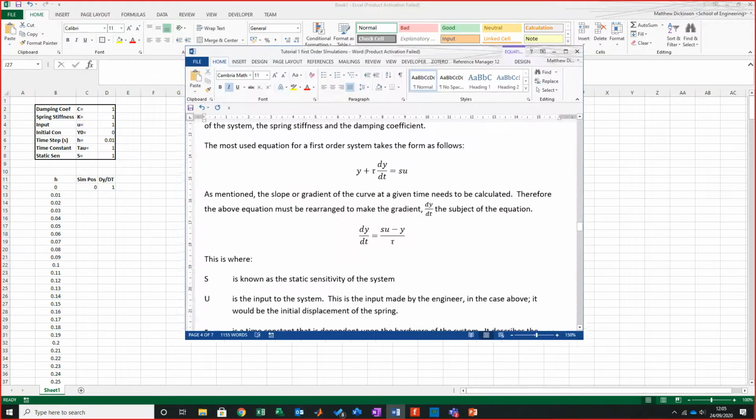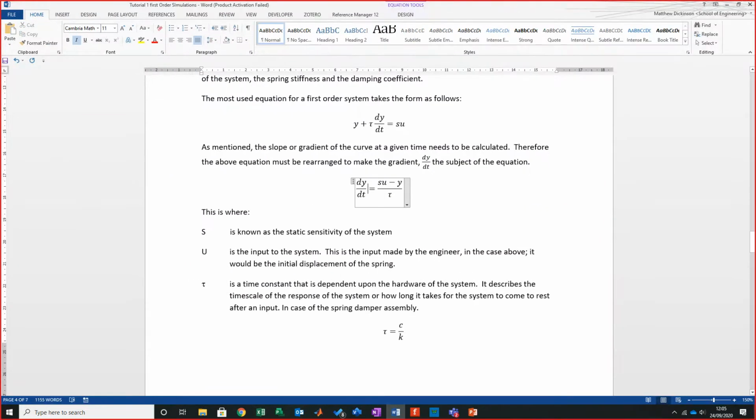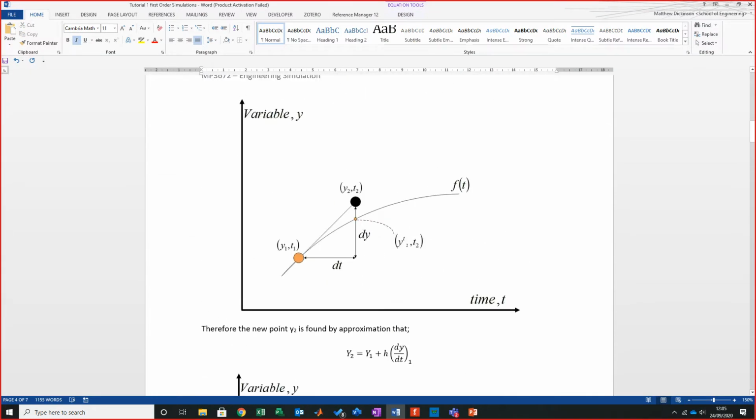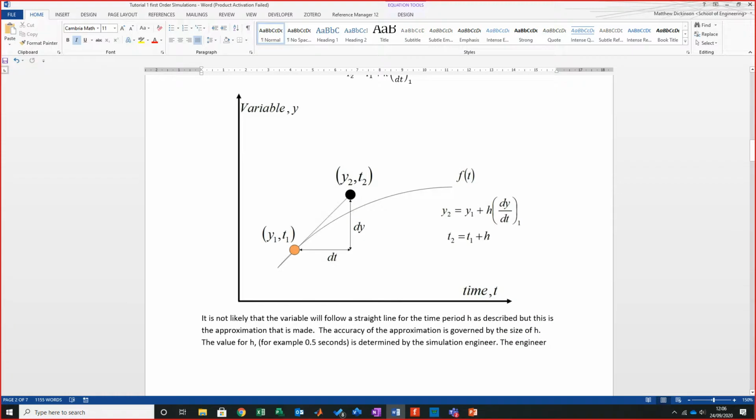Right, we now need to try and predict our next position. So in essence, where we've got to there, we've predicted this. This has given us our first steady state of where dy by dt will actually sit and land. Then what we need to do is try and predict where that's going to be based on the next position in space.